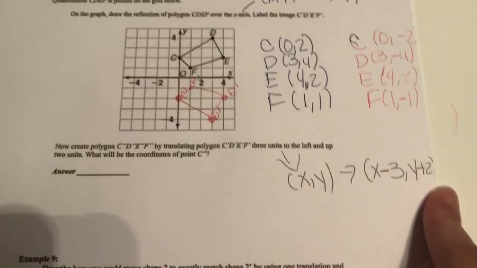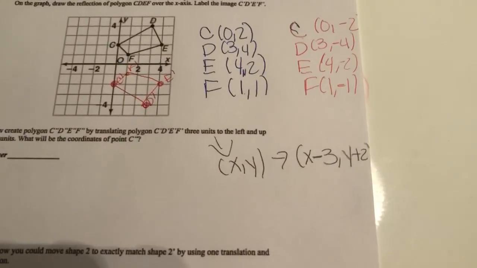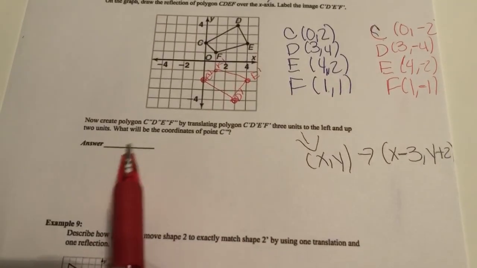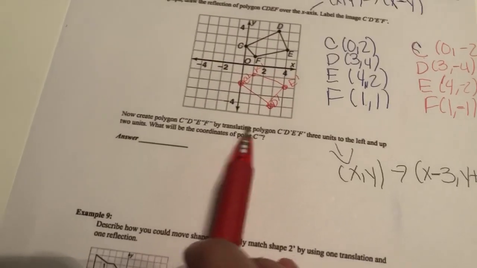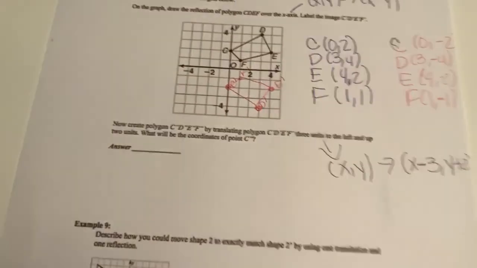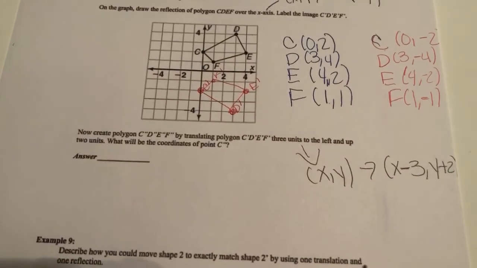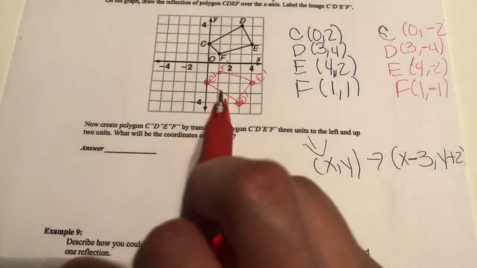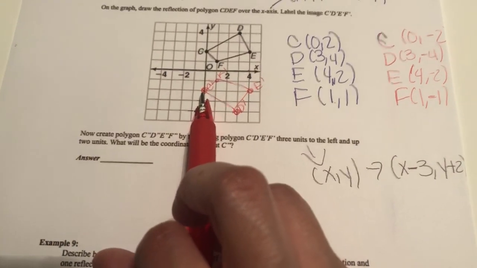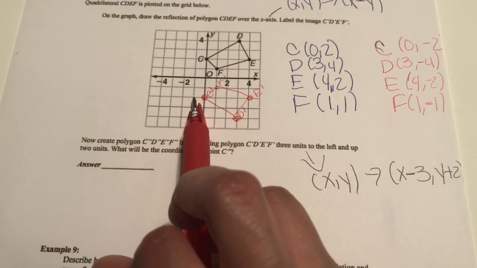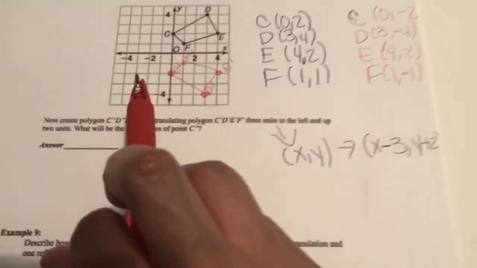When I start this, I'm going to look at my question. It asks what would be point C. Since they only asked me about C, I'm only going to do this sequence on C. So I'm going to go over 3 units to the left: 1, 2, 3.